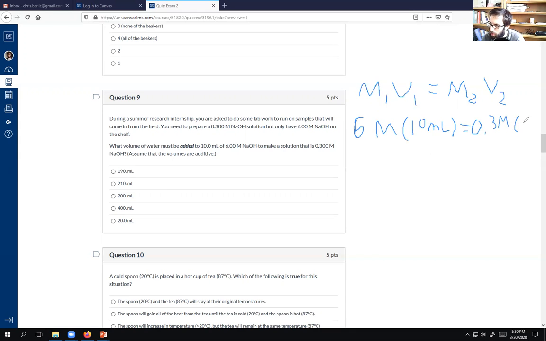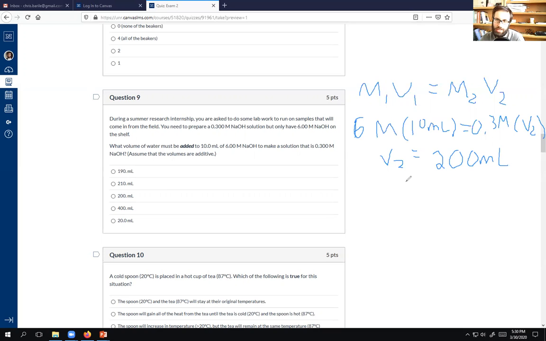So it's going to be 0.3 molar times V2, and V2 is what we don't know. So that's 6 times 10, that's 60. So it's going to be 60 divided by 0.3, and that will get us close to our answer in milliliters. What is this telling us? That 60 divided by 0.3 is 200 milliliters. So that's telling us our final solution is going to be 200 milliliters of 0.3 molar sodium hydroxide.